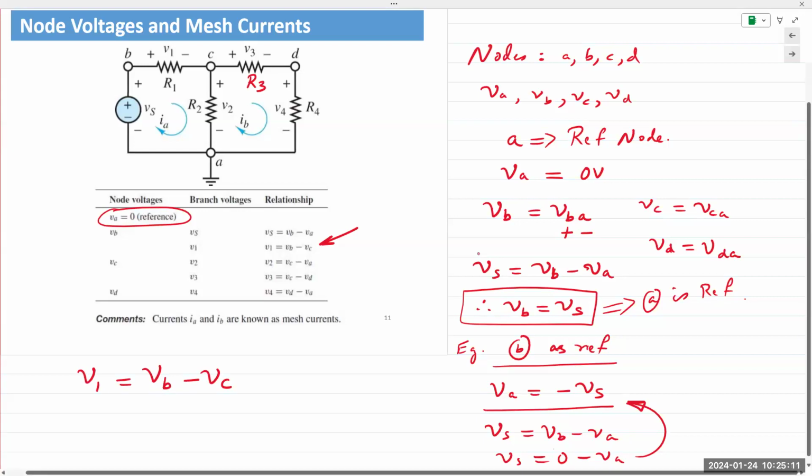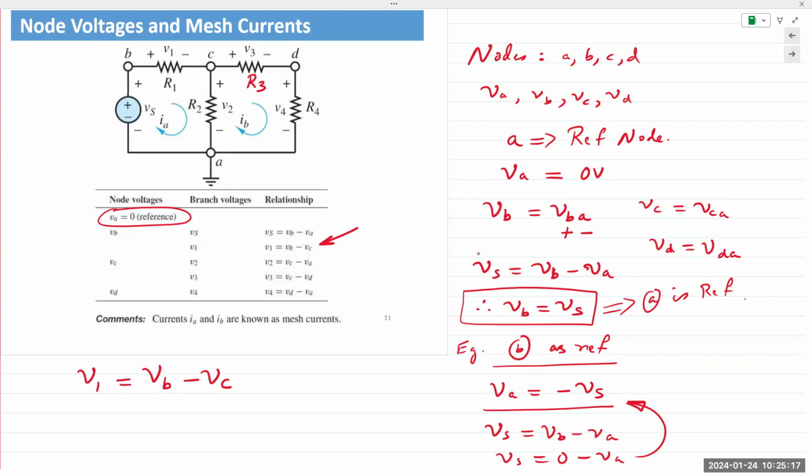And this is the important step. This is one of the first steps when we write out the expressions. We're expressing each resistor voltage in terms of the node voltages appearing at either end of that resistor. So V1 is VB minus VC. V2 is VC minus VA, which is this voltage right here.